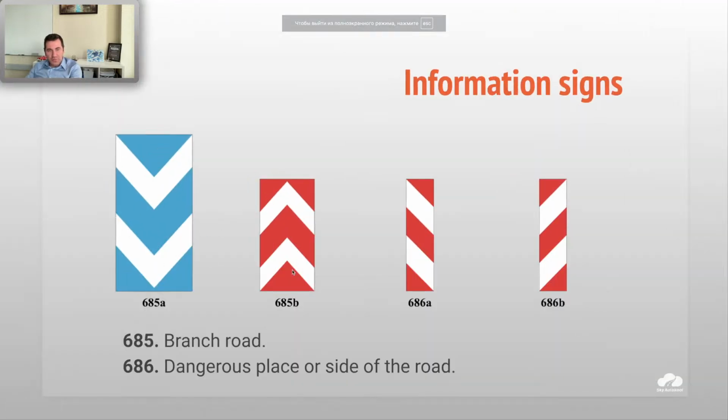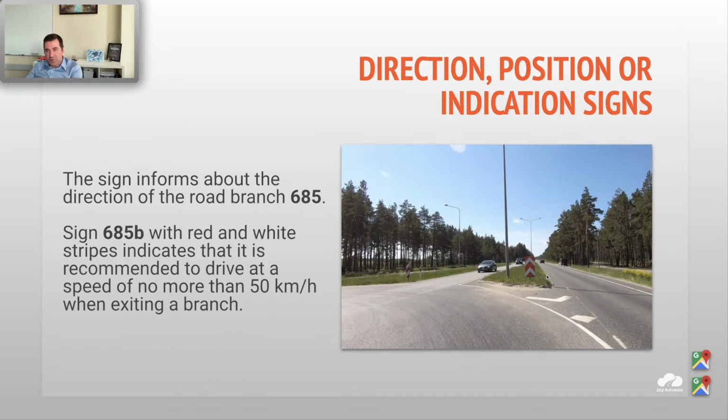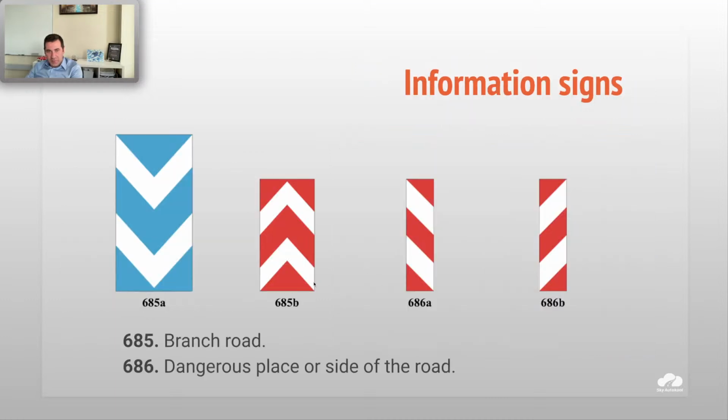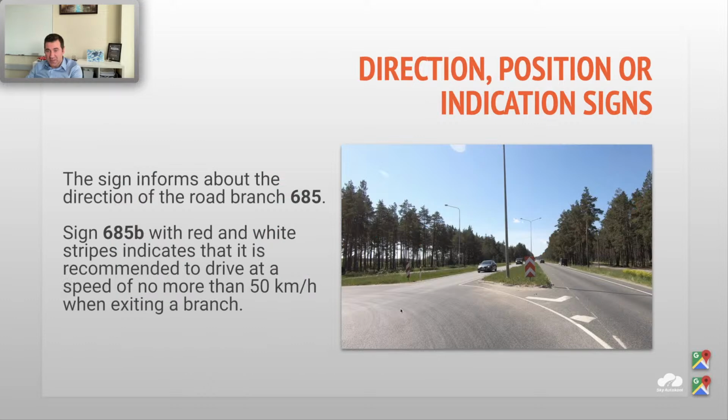Also, a branch road sign tells you that there is some dangerous place where the road is going into two, like in a fork. For example, here is one of them. If you check the previous slide, you can see that it can be blue or red. They basically mean the same, but the difference is that red means you definitely have to slow down and not go faster than 50 kilometers per hour, because usually they are on the highways.